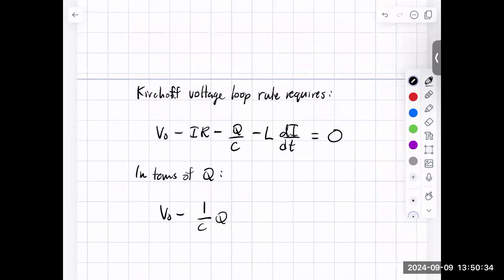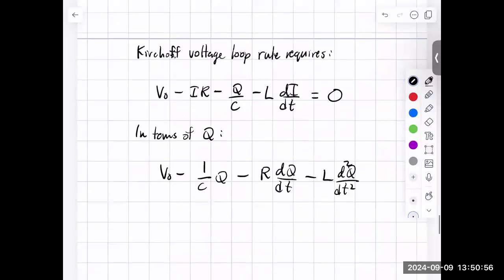We'll do minus R dq dt. And then we have minus L di dt, or d2q dt2. And so this all has to equal 0.